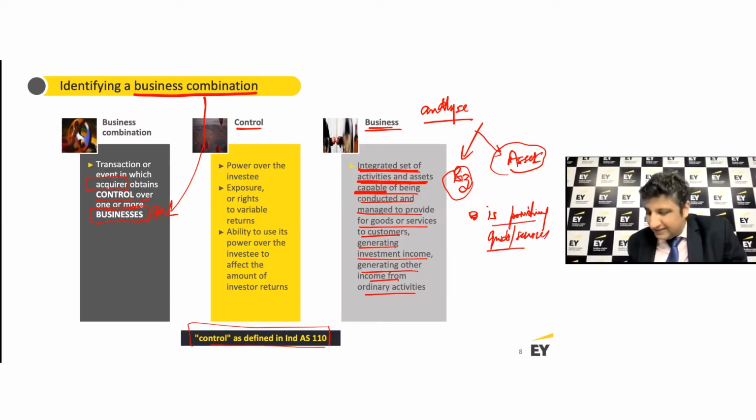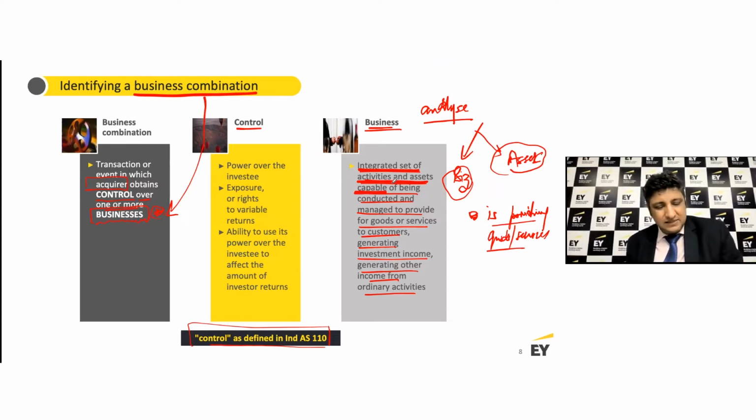That is not the expectation, to be very honest. What is important is that there are integrated sets of activities and assets which are capable of building that eventually. Today, you might be conducting some research activities. Today, you might only have people with you who are working towards a particular objective, but it's all an expense. You haven't built anything on your own. You're still trying to do that.